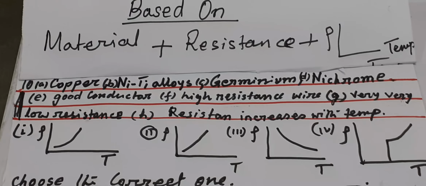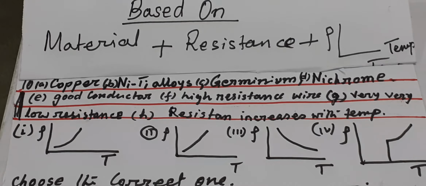Now next question. On the basis of materials, then resistance, and then rho versus temperature plot, we have to select which combination is correct. Now here given copper, nickel, titanium alloy, germanium, nichrome.